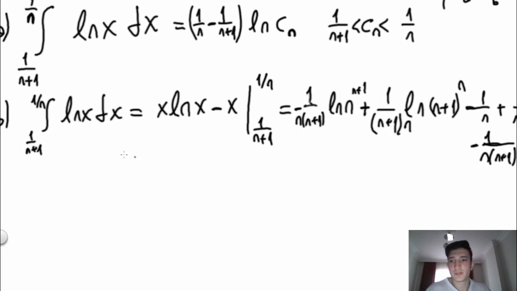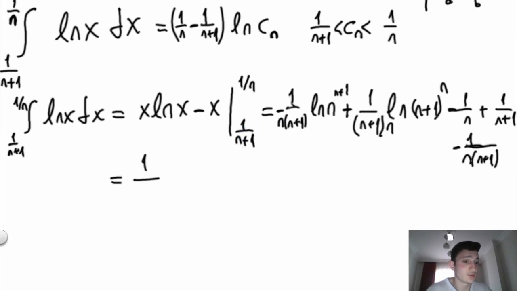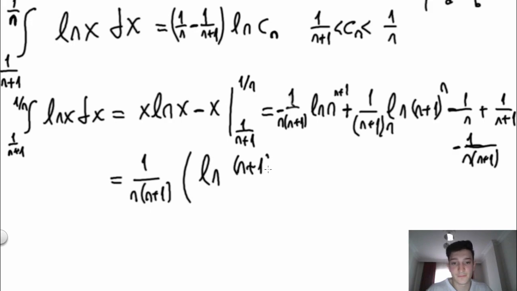So here, what I said is that now I'm just going to factor it. So this thing is just equal to minus of this thing. So let's write it like this, okay? 1 over n plus 1 at this parenthesis. So I have first this term. I want to go with the positive first. So I have ln of n plus 1 to the n.